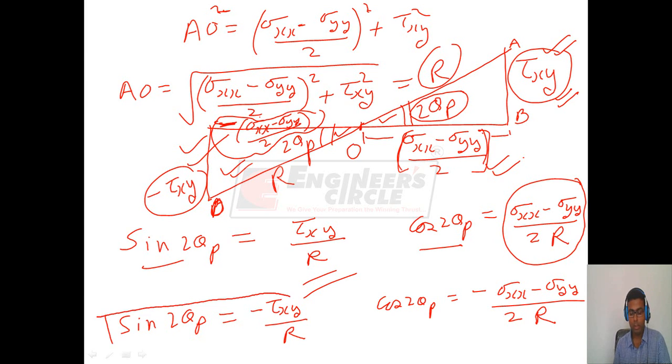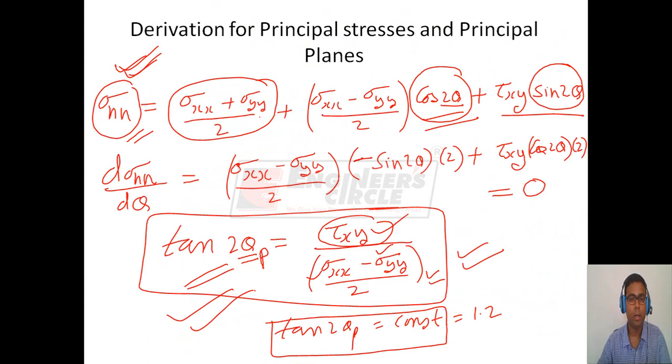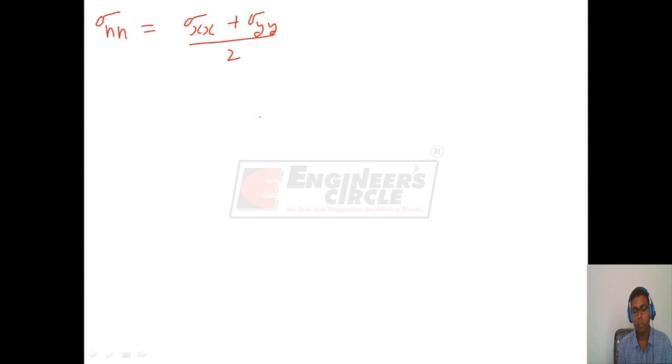So now we will put this set of root in the equation of sigma nn. In this equation we will put the another root to find the another value of normal stress, which will be either maximum or minimum. So we put sigma nn equal to (sigma xx plus sigma yy) by 2 plus (sigma xx minus sigma yy) by 2 cos 2 theta.